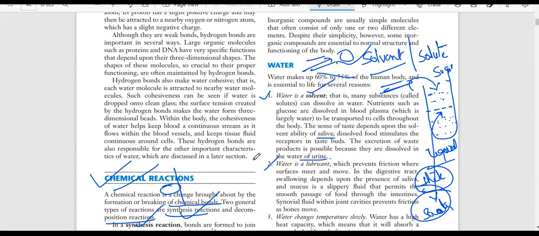Our body has a number of solutes. I will explain on the whiteboard.